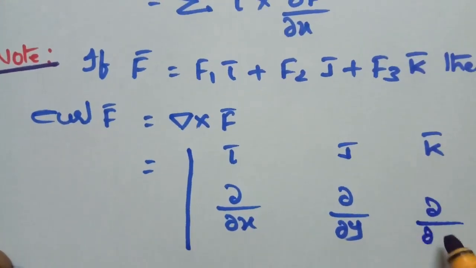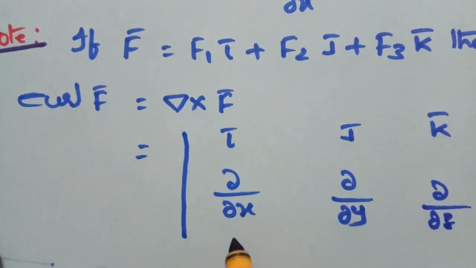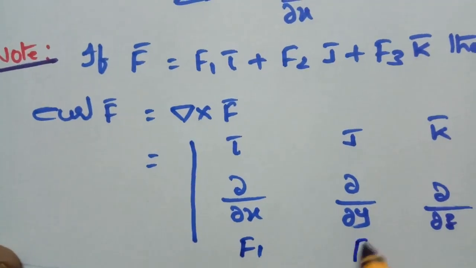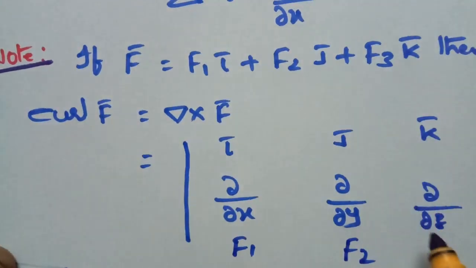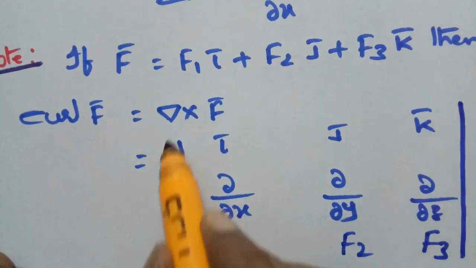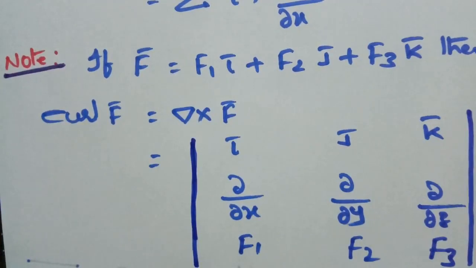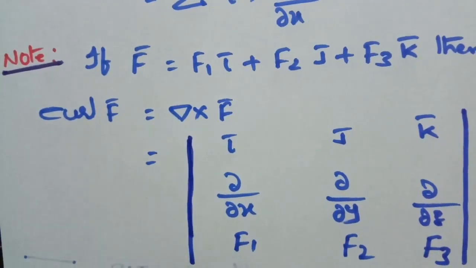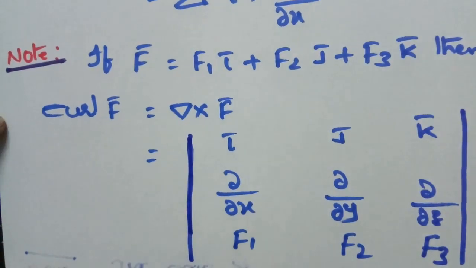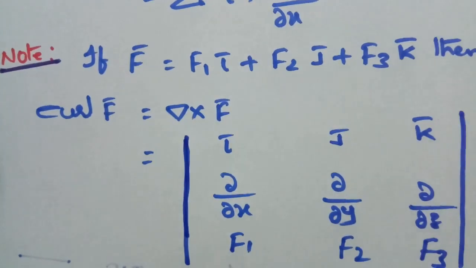Therefore, here dou by dou z. And component of i bar in f bar is f1, component of j bar in f bar is f2, component of k bar in f bar is f3. So this determinant gives the curl of f bar, the curl or rotation of a vector f bar.